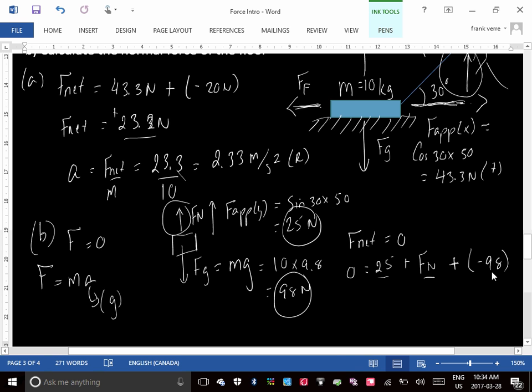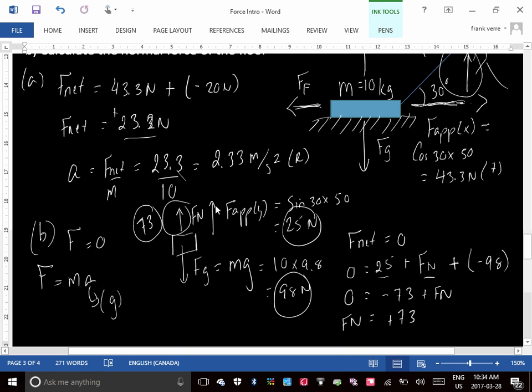So now what do we have? If you simplify, you have 0 equals 25 and negative 98 is negative 73 plus Fn. And then if you move the negative 73 to the other side, you get Fn equals positive 73. Which makes sense, because if the normal force is 73 up, then 73 and 25 up is 98.